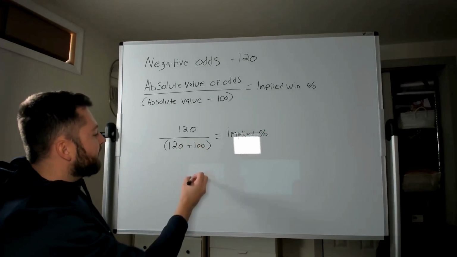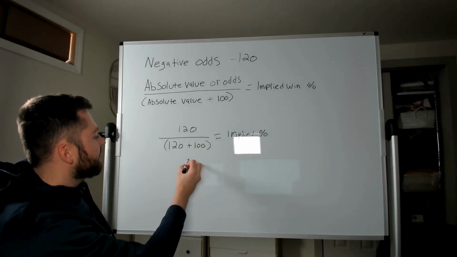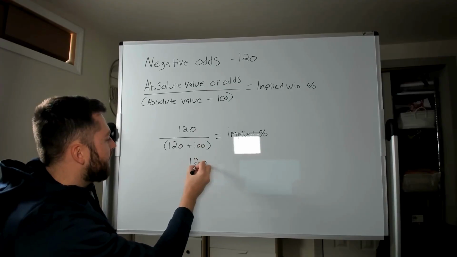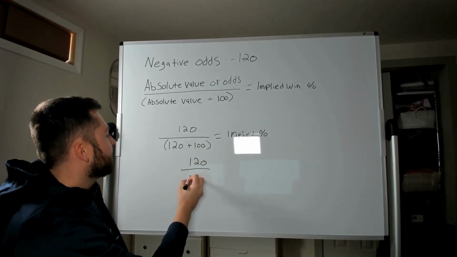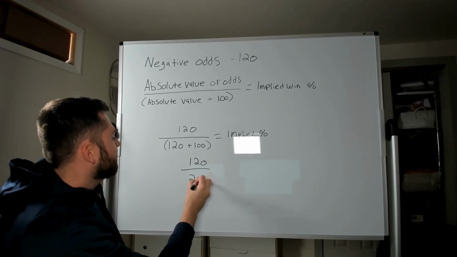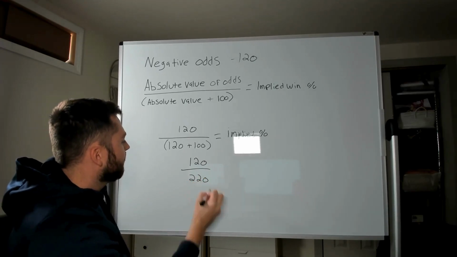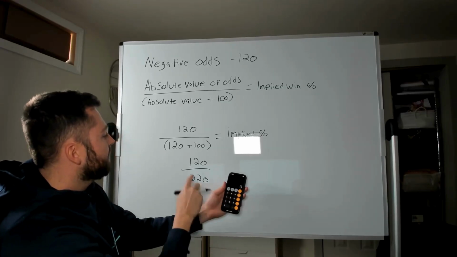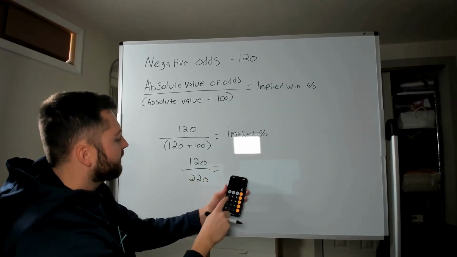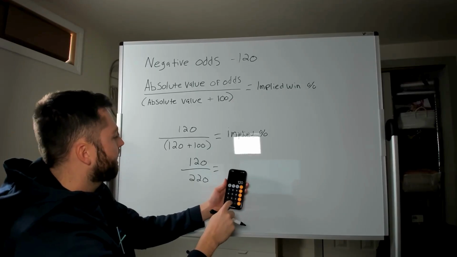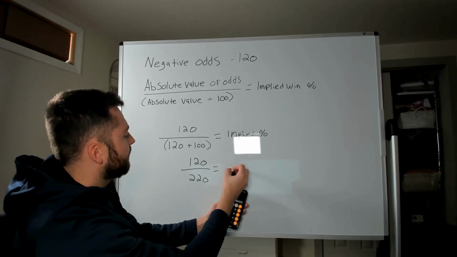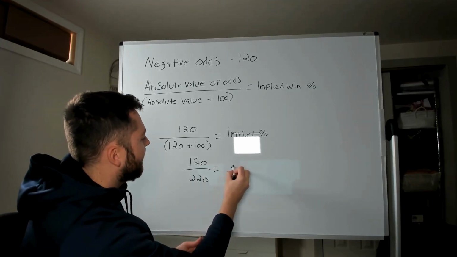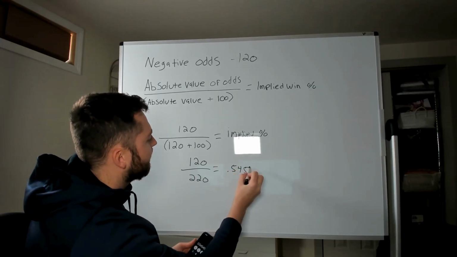So pretty simple from here. Break the formula down one more time. We're going to have 120 on the top still. We have to solve for the bottom first since it's in parentheses, so this will be 220. Simply on my calculator, 120 divided by 220 equals 0.545 as a decimal.